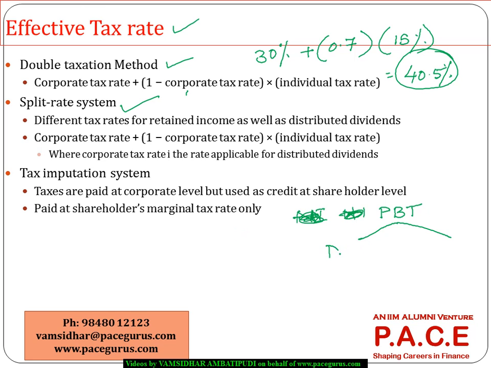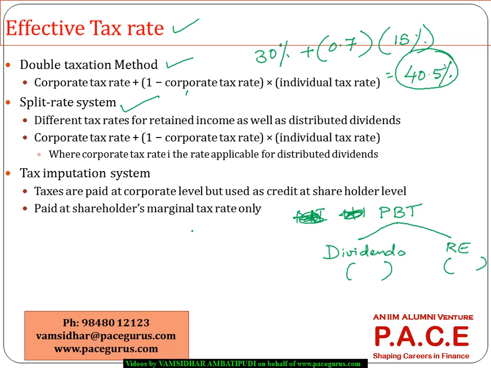How much is paid in the form of dividend and how much is retained. Dividends are taxed at a different corporate tax rate, and retained earnings are taxed differently.